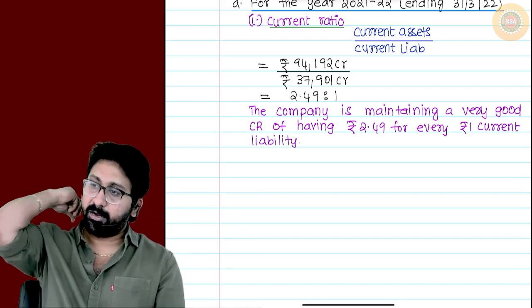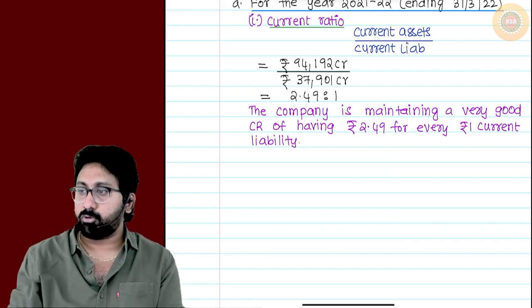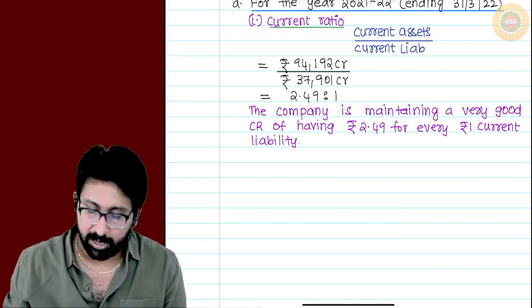So the company is maintaining a very good current ratio of having rupees 2.49 for every 1 rupee of current liability.